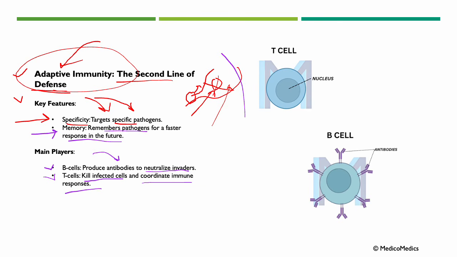So our adaptive immunity is like a personalized defense system. It learns from experience. It remembers past threats, and then it develops very precise weapons to fight off specific invaders. And these precise weapons that are developed are called antibodies.